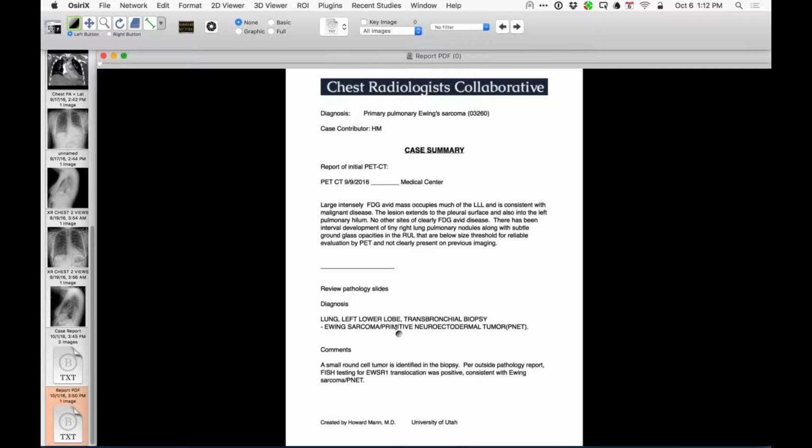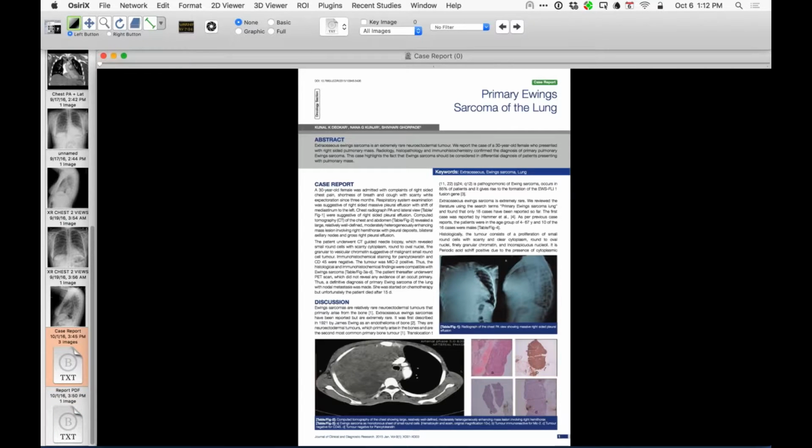And also by histology, that's positive. So this is an unusual primary pulmonary Ewing's sarcoma in a young person. One can find case reports like that. It's obviously quite unusual. One can't really separate it from other unusual sarcomas or small round cell desmoplastic tumors and so on. But this one turns out to be a primary Ewing's of the lung in this patient.